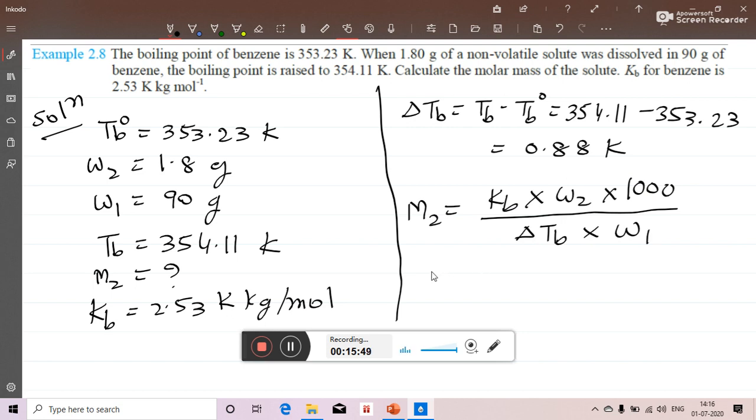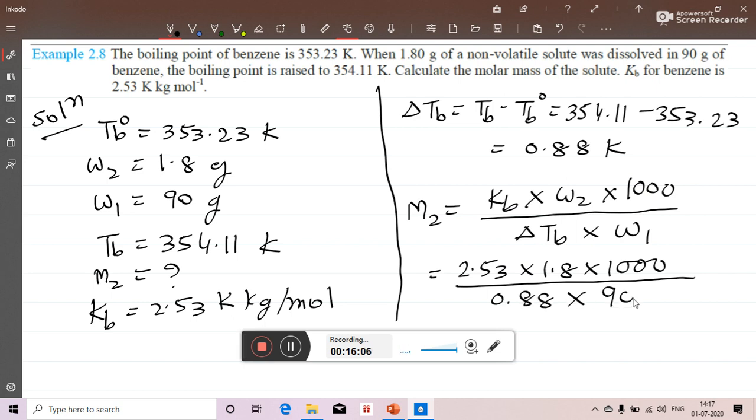That is 2.53 into 1.8 into 1000 upon 0.88 into 90. So our final answer is 58 gram per mole. So that is the molar mass of the non-volatile solute.